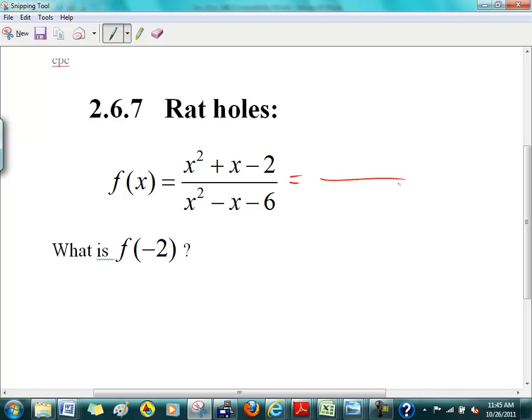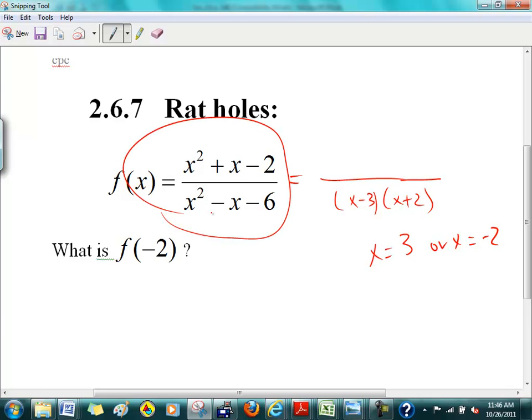What do you get? X minus 3, x plus 2, right? So you would see that your vertical asymptotes are at x equals 3 or at x equals negative 2. Right? Okay, put this in your graphing calculator and see if that's true. And I'll wait for you.